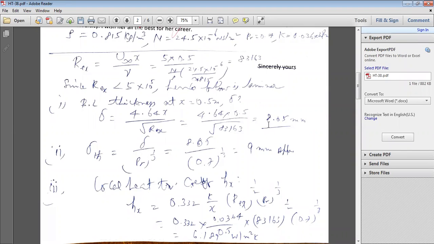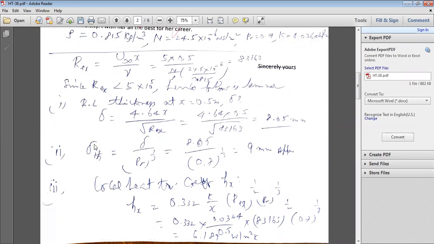By using straight away the formula for laminar boundary layer on a flat plate, which we already derived, the hydrodynamic boundary thickness is calculated as 8.05 mm.